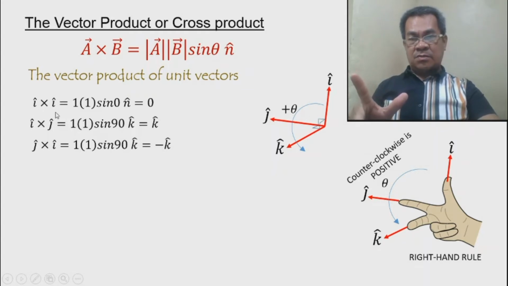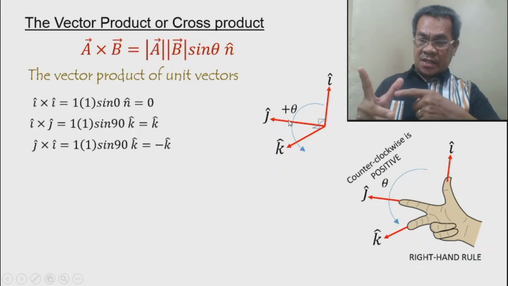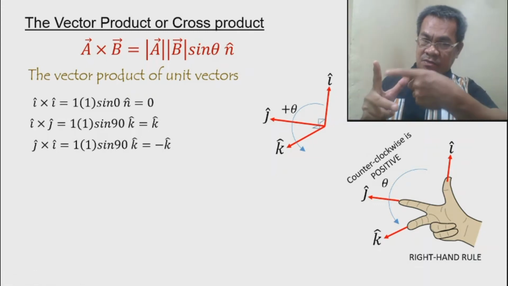So in this case, look at this one. Why is it that this is K hat? The reason is because the angle starts from I. Please follow. This is your I hat. Then you have to cross it with J. So it follows the right hand rule, positive in the counterclockwise.